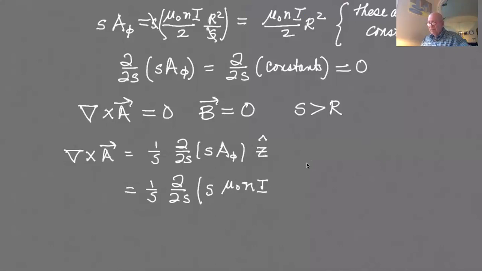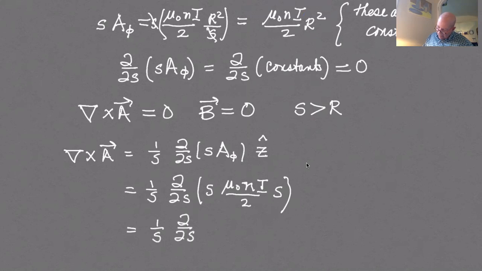And that vector potential was mu naught N I over 2 times S. So this is equal to 1 over S, the change with respect to S of mu naught N I, Z caret, times S squared over 2.